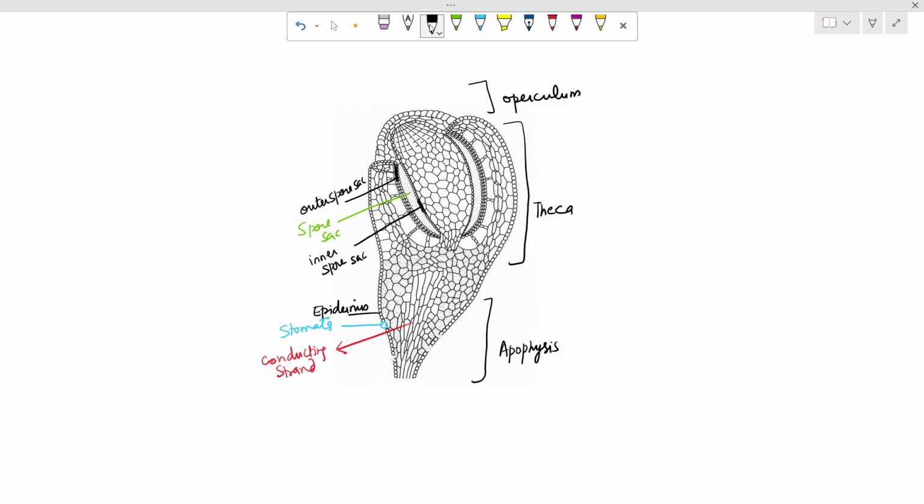And the center part, which is sterile, is known as columella. The sterile part, which is in the center, is known as columella. Is it clear? Now see next labeling. These are air space.